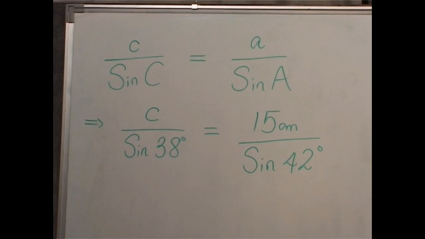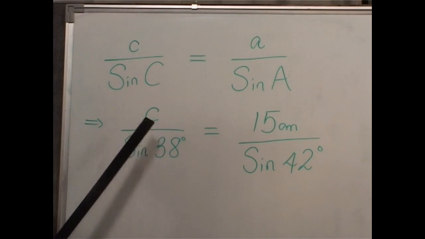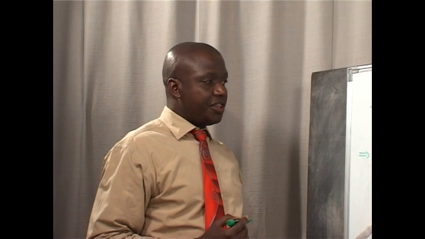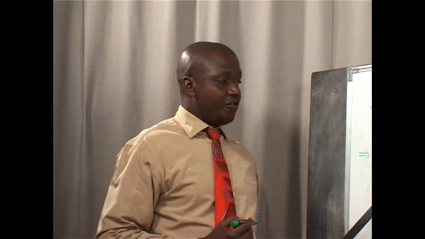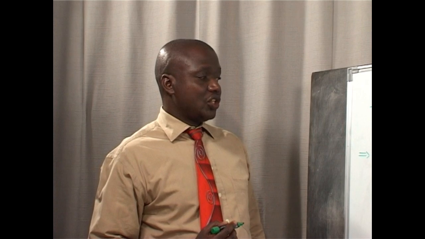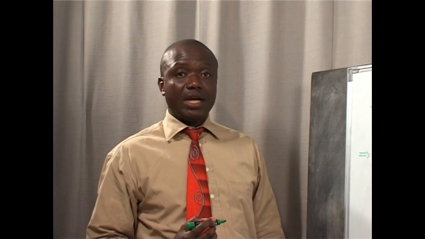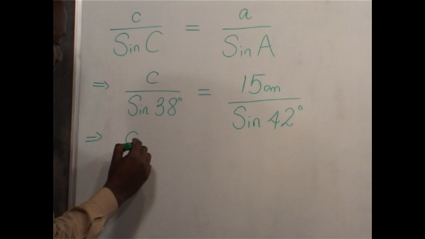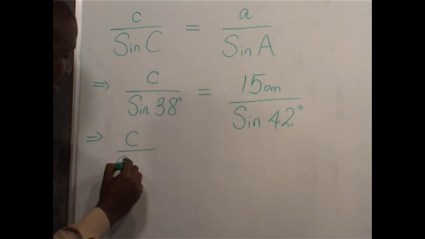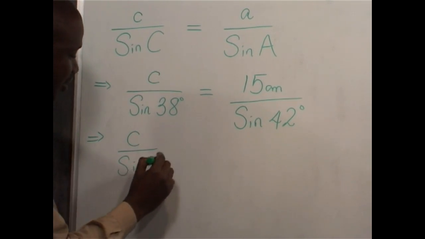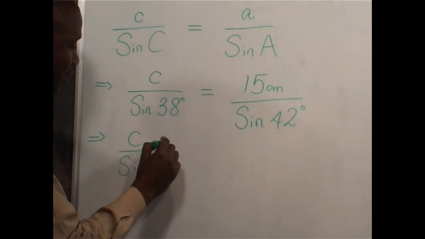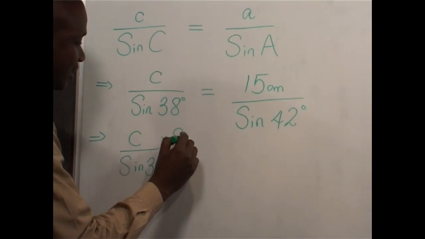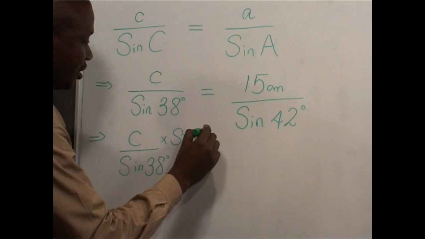The next thing is to make C the subject of the formula. So we are going to multiply both sides of the equal sign by the sine of 38 degrees so that C stands out alone. So we have C over sine 38 degrees multiplied by sine 38 degrees.